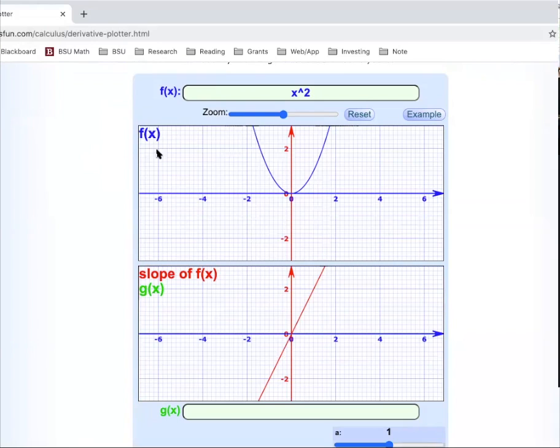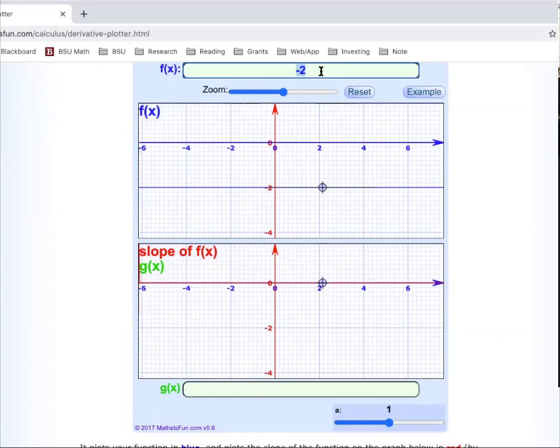We know the derivative of any constant is equal to 0. So if I move along the horizontal line on f of x, the cursor moves along the x-axis to indicate that the value of the derivative is equal to 0.